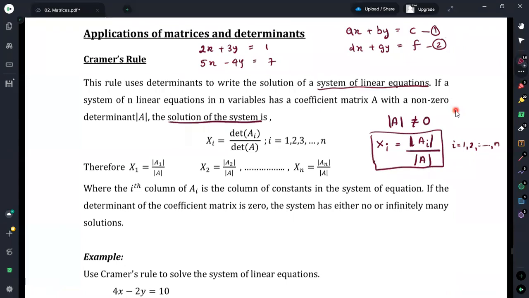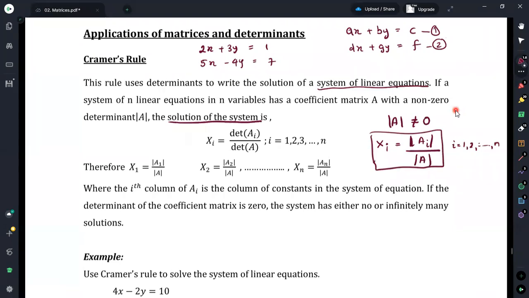Substituting i from 1 to n, the first solution x1 is the determinant of A1 divided by the determinant of A. x2 is the determinant of A2 divided by the determinant of A. Similarly, xn is equal to the determinant of An divided by the determinant of A.